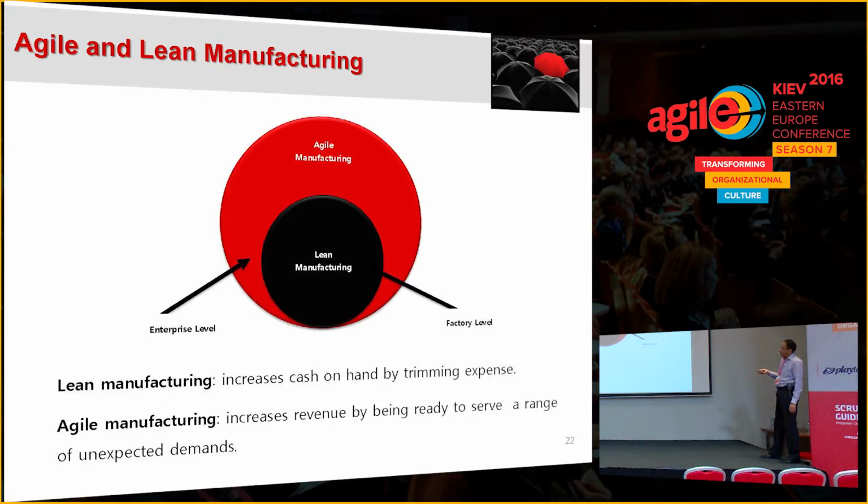But agile manufacturing, I think, works at the whole enterprise level. Lean manufacturing increases cash only by reducing the cost and the waste. But agile manufacturing increases the revenue by being ready to serve a range of customers whenever there's any change in the market.